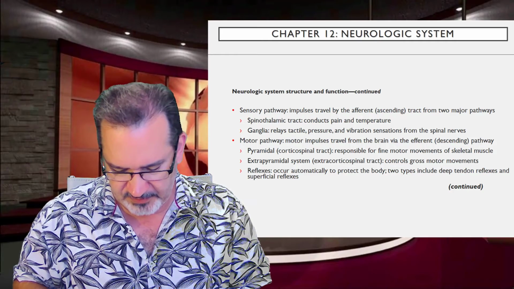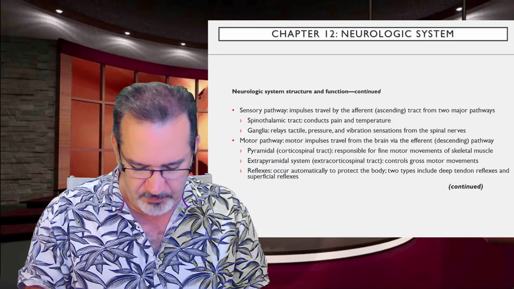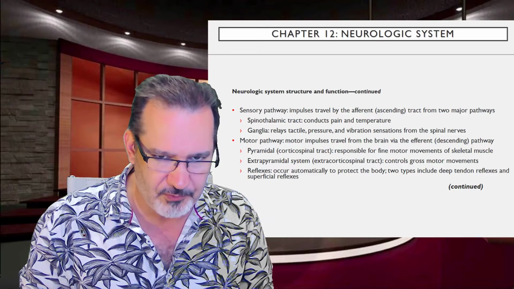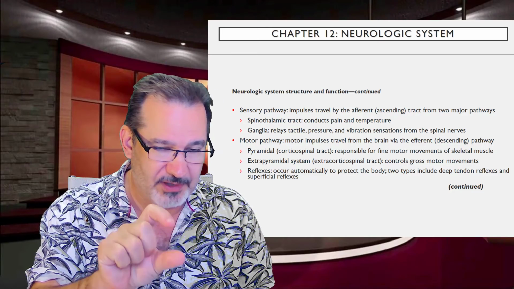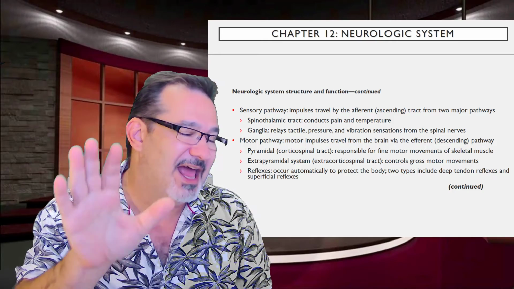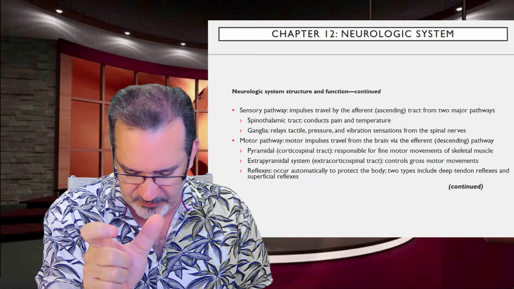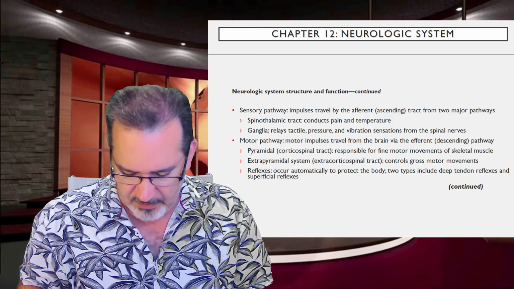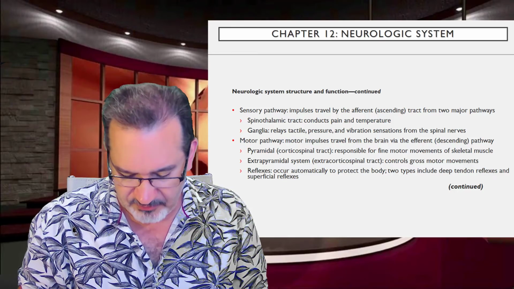Afferent begins with an A, ascending begins with an A. Probably a decent way of keeping those things together. These impulses use two major pathways.